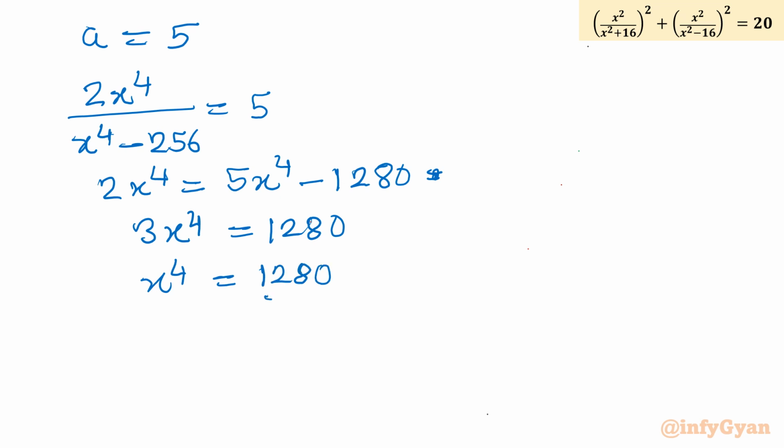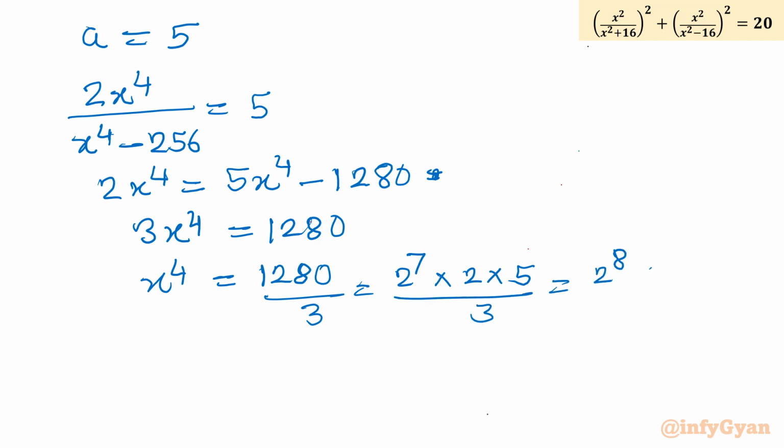Now I will write this 1280 as 128 times 10, where 128 is 2 power 7: 2 power 4 is 16, 5 is 32, 6 is 64, 7 is 128. So it is 2 power 7 times 10. We can write 2 times 5 over 3. So it is ultimately 2 power 8 times 5 over 3. Raise both sides to the power 1 by 4.